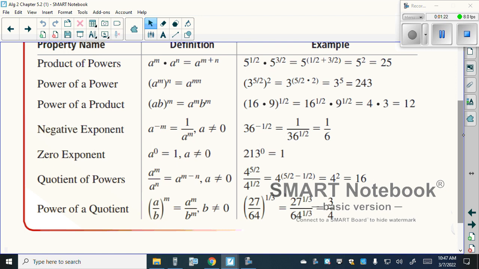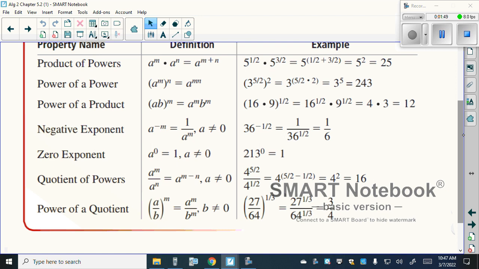would be our a times b to the n, where we have two things being multiplied together to an exponent. We actually apply that exponent to both. Our negative exponents: a to the negative m is going to be equal to 1 over a to the m.